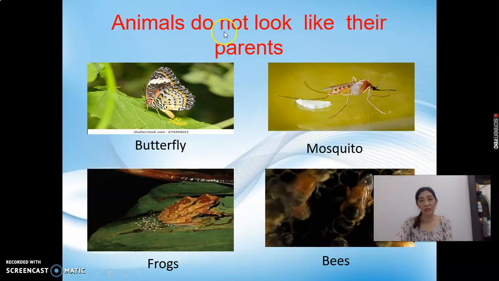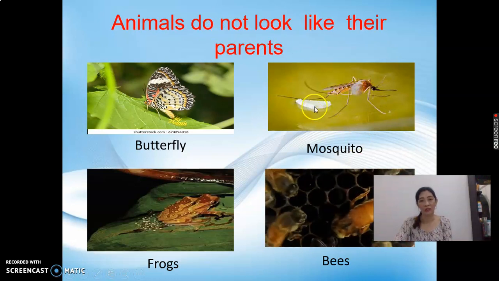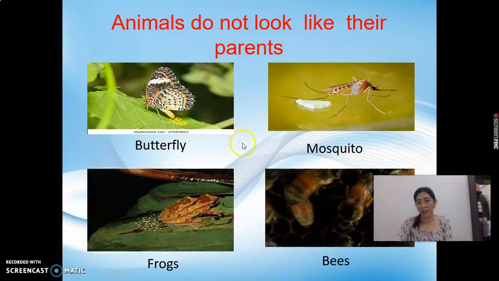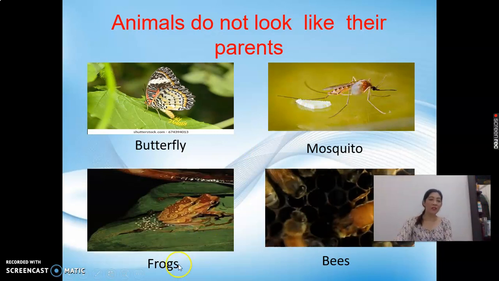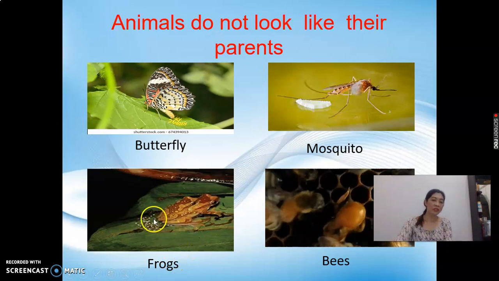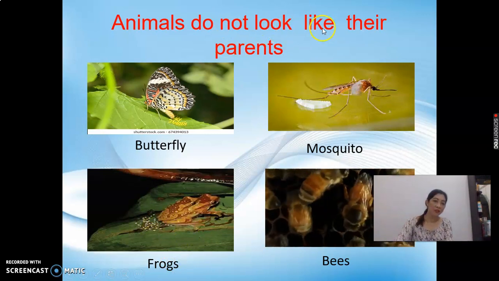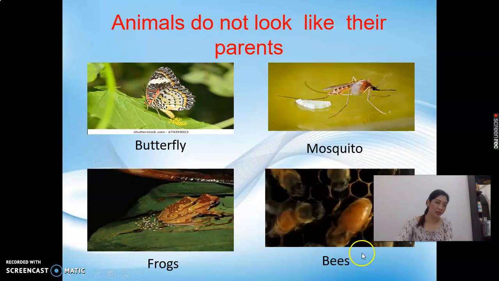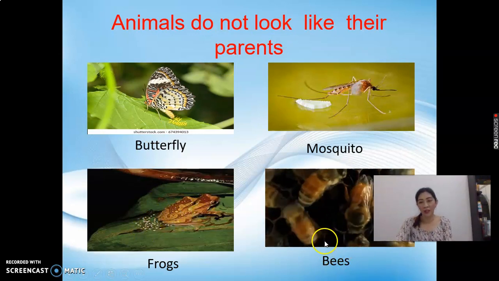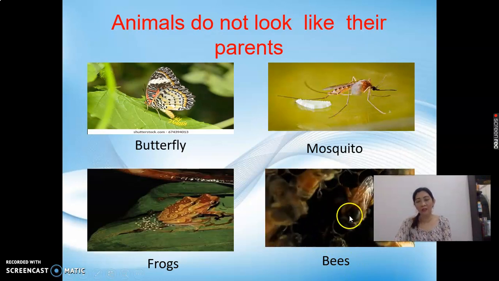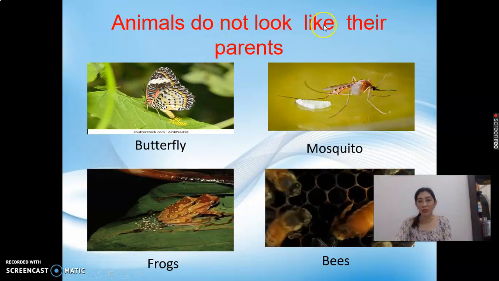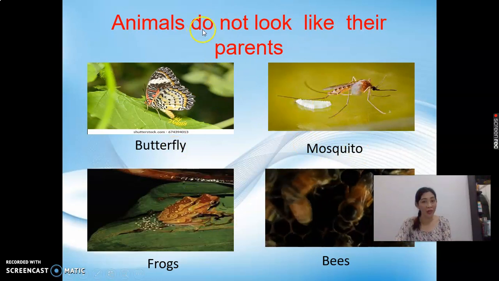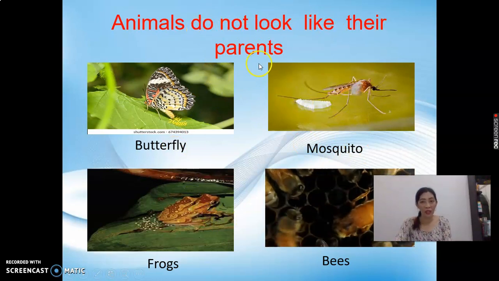Mosquito does not look like because mosquito lays egg. The next is frog. Frog does not look like because frog lays egg. The next is bee. The bee does not look like. So these are examples of animals that do not look like their parents.